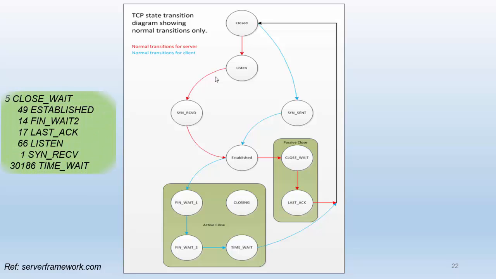This is a picture that I took from the server framework, and it explains it a little bit better; you can go there and do some reading on it to understand better. Essentially what I'm talking about is that the last acknowledgment has to be received for each TCP connection to get closed. That's the essential point. This is the flow chart.